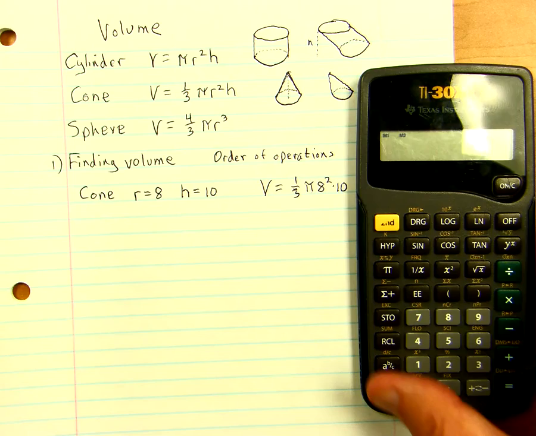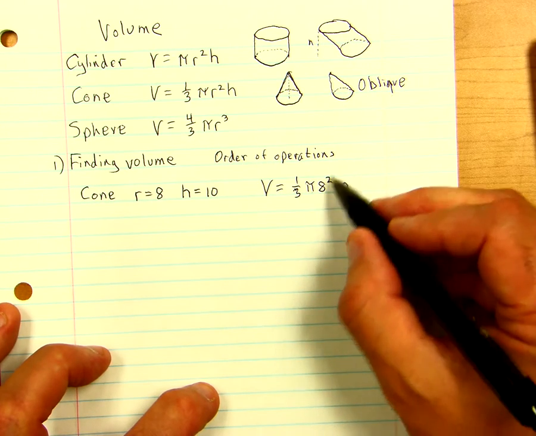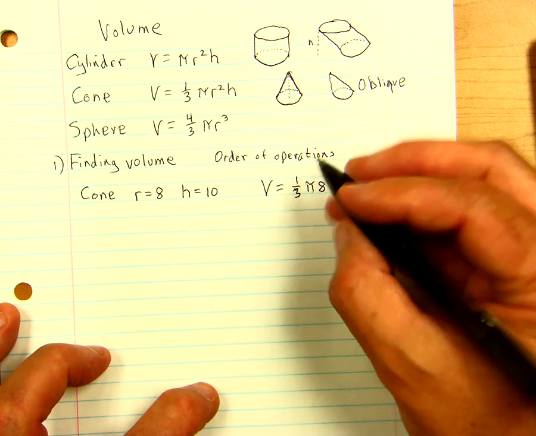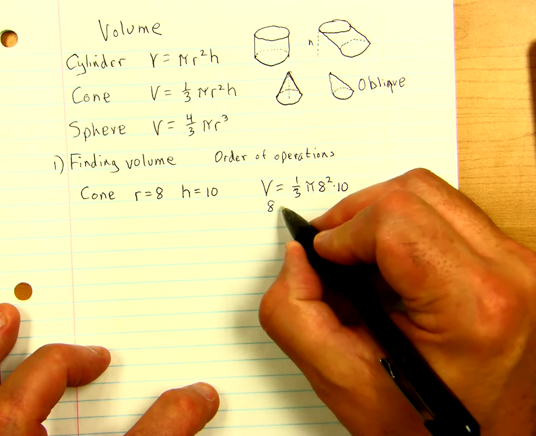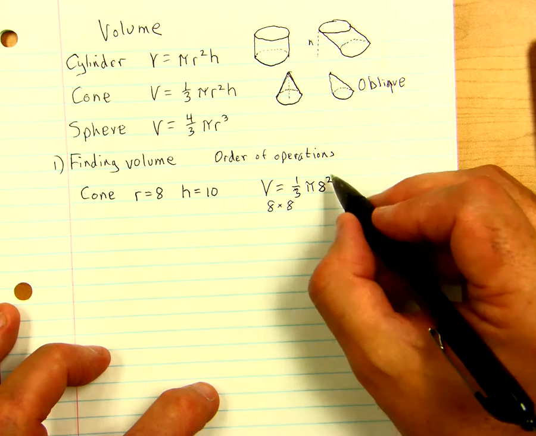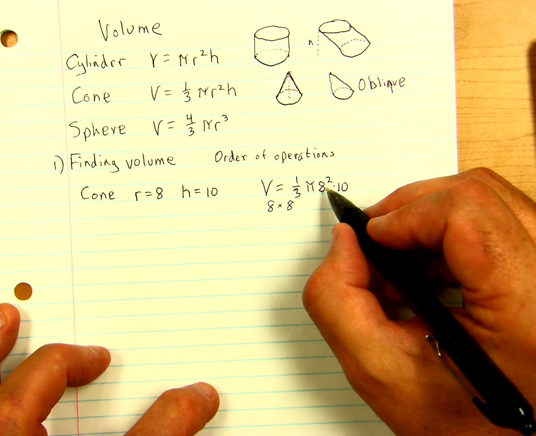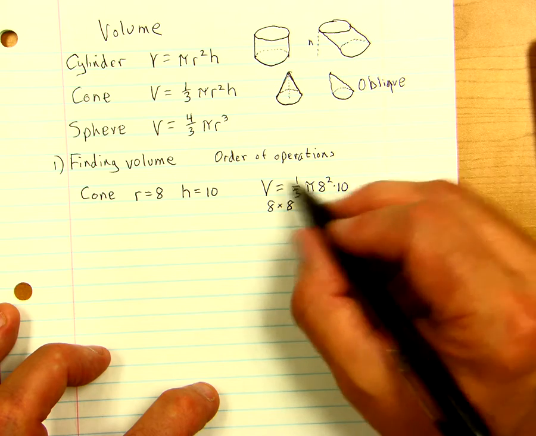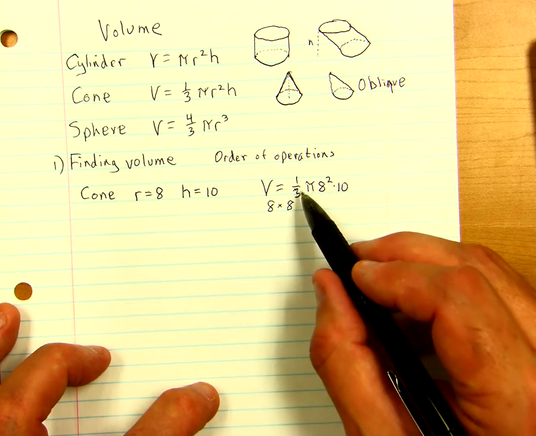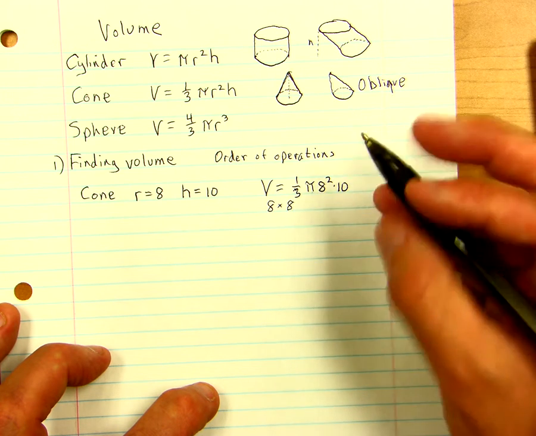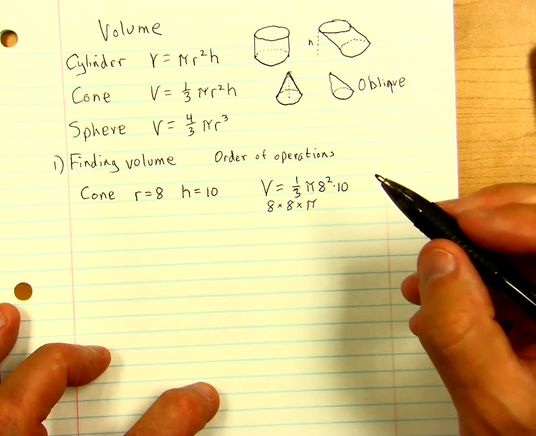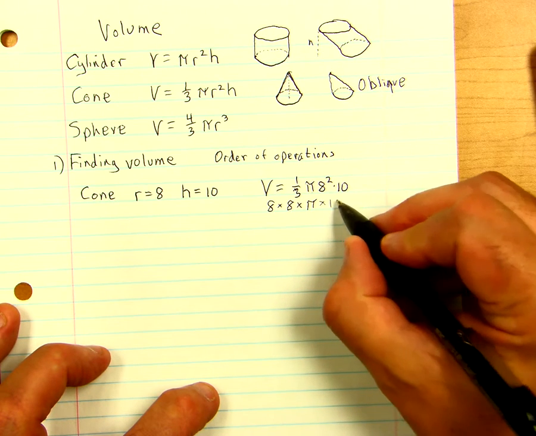So how are we going to do this? We do exponents first, right? So I'm going to tell you exactly what you're going to put on your calculator here. You're going to go 8 times 8, because it's squared, right? Does it matter which one I multiply next? If it's all multiply, it doesn't really matter what you do next. But I'm going to do the 1/3 last. So then I'm going to go times pi, that's the pi button, times 10.